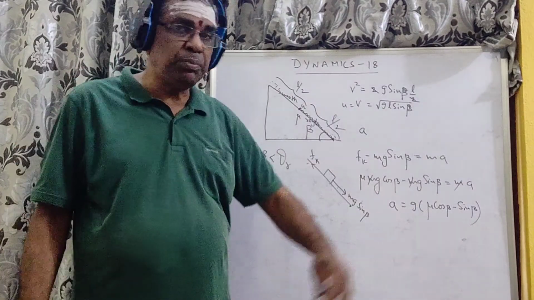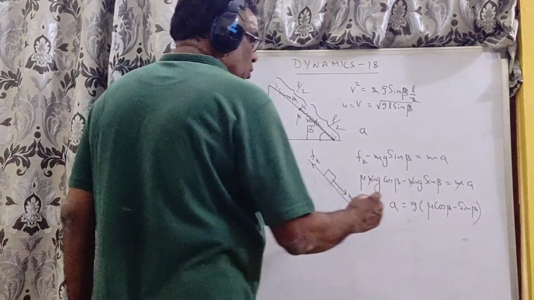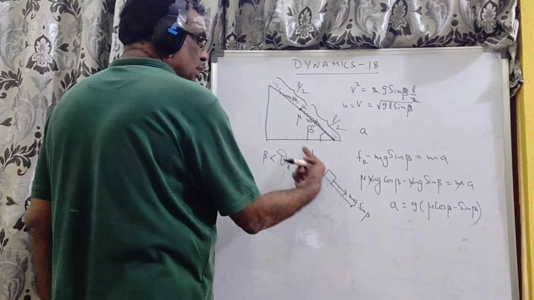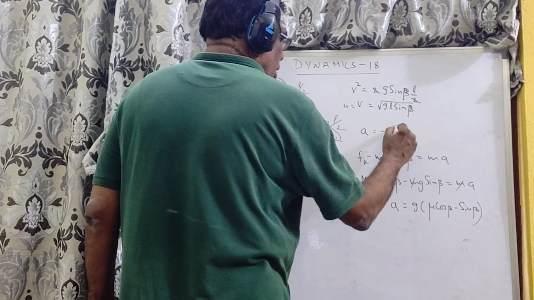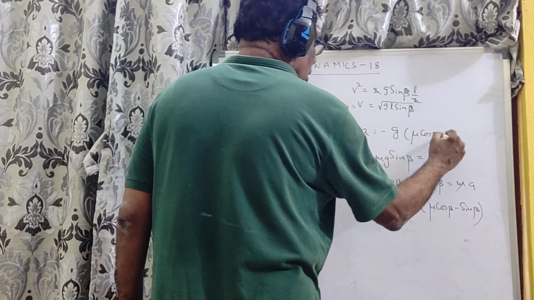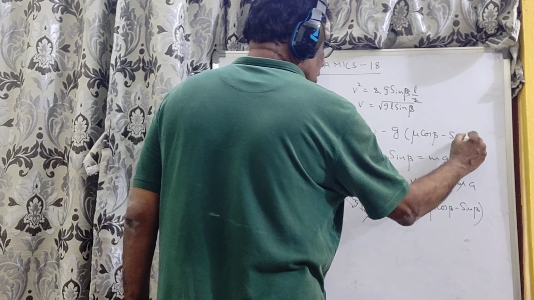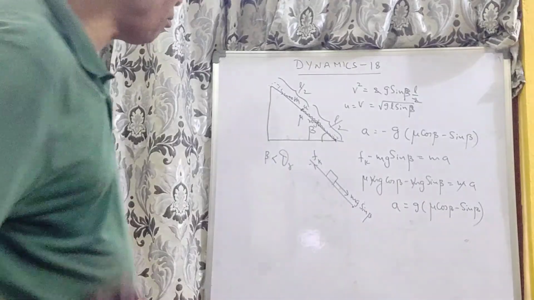But the body is pushed, therefore we are forced to take like this. So this is acceleration in this direction. Or a is equal to minus g into mu cos beta minus sine beta. Okay?